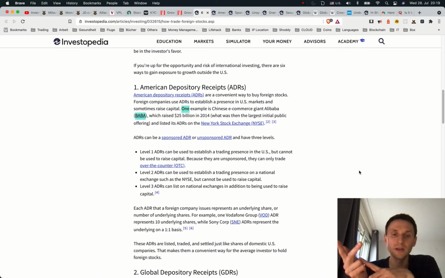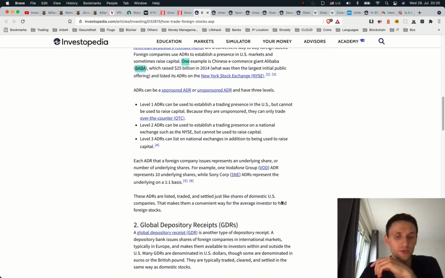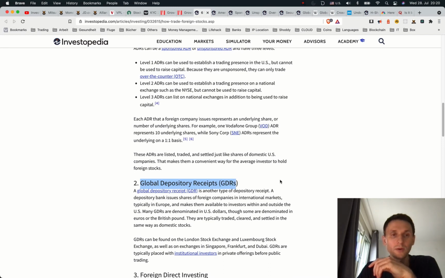If those ADRs are of level 1 or unsponsored, then they will be traded through OTC, and we have another option to buy and sell stocks through global depository receipts. So it was a lot of theory, but let's see some examples.